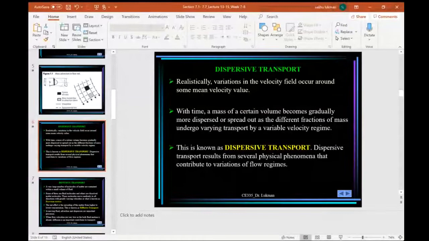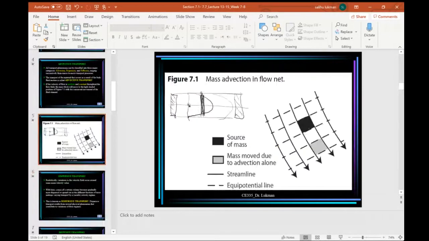So here, with time, a mass of a certain volume becomes gradually more dispersed, or spread out, as the different fractions of mass undergo varying transport by a variable velocity regime. When you have the contaminant mass here, after some time the contaminant will be spread.